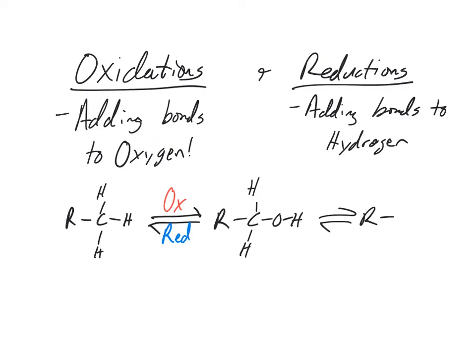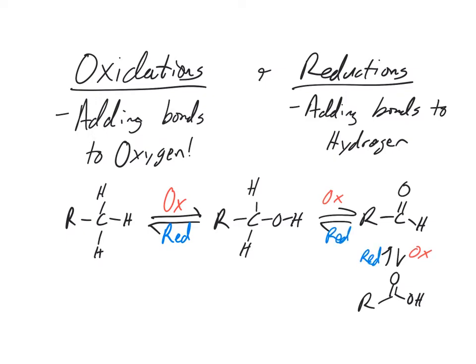We would get an aldehyde. And then one more oxidation, getting rid of that last CH bond, we would get a carboxylic acid. All right, so oxidation, and then moving backwards, adding bonds to hydrogen. These are reductions, these are reductions.